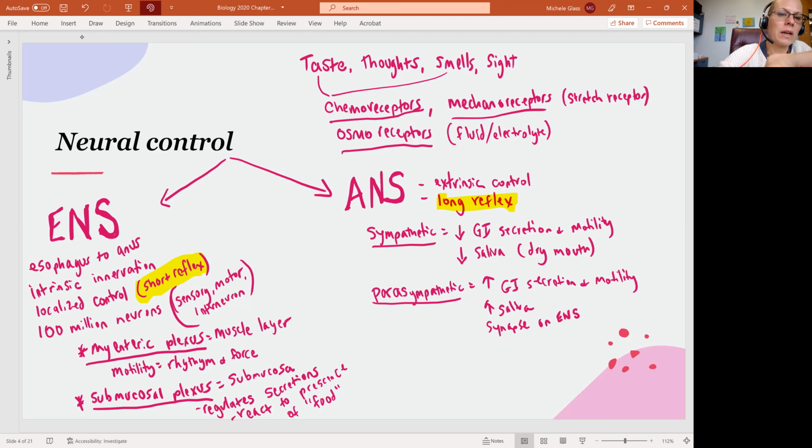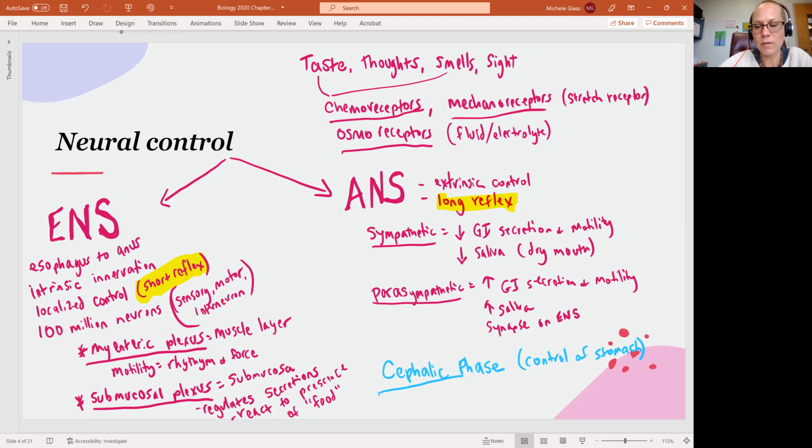Let's also pick out something we'll talk about more later. Let's also go ahead and list what's called the cephalic phase. And let me add a detail to that. When we talk about the cephalic phase, what we're talking about is control of the stomach. So I'm going to write control of stomach in parentheses here.